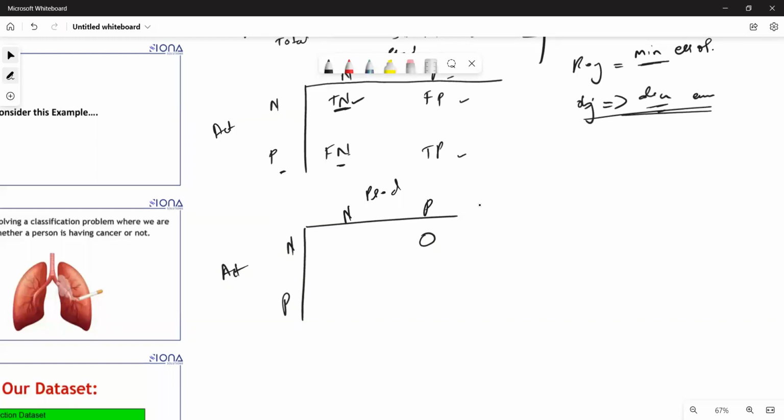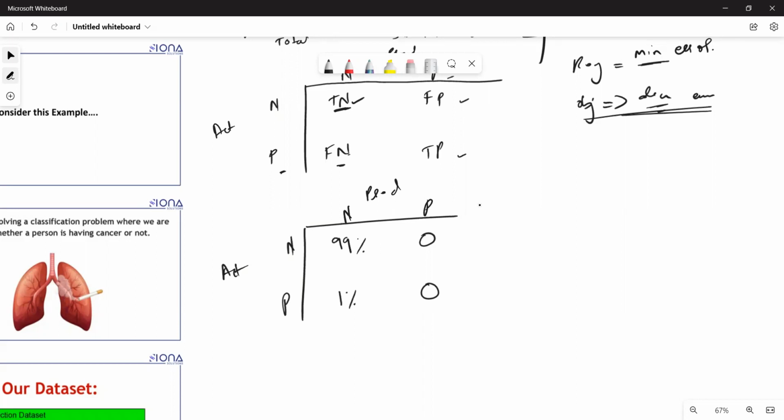That means in terms of predicted positive, both will be 0. Since it is a biased database, the actual and predicted on the negative side would be higher. Let's say about 99% do not have cancer and the database has 1% with cancer. This is the confusion matrix for a cancer database.